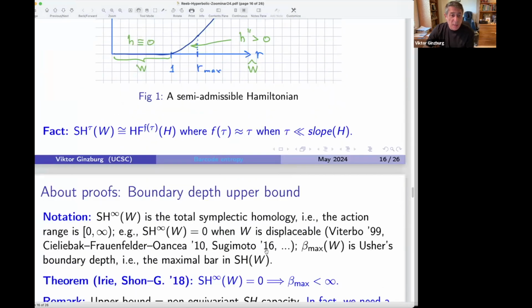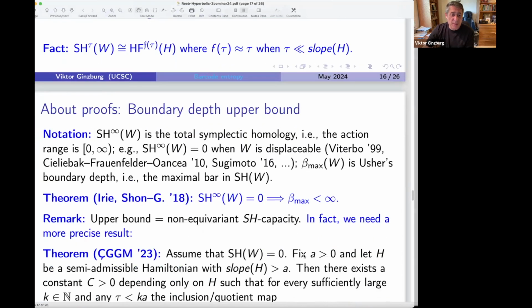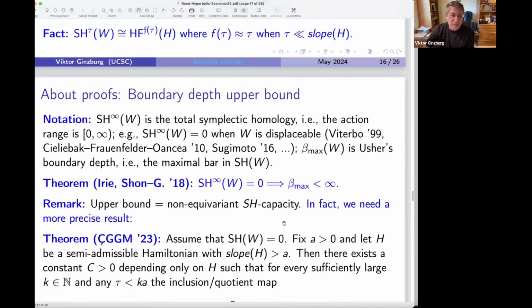Now we are ready to get into the ingredients of the proof. The first one is rather simple. Let's look at the total symplectic homology of the Liouville domain. To distinguish it from the persistence module, I'm going to denote it by SH infinity. This is the symplectic homology for the full action array.